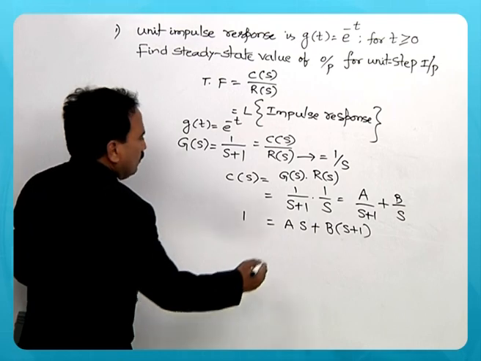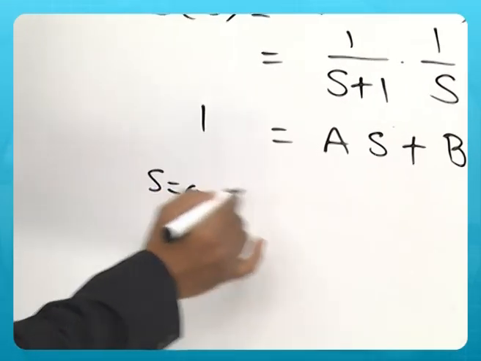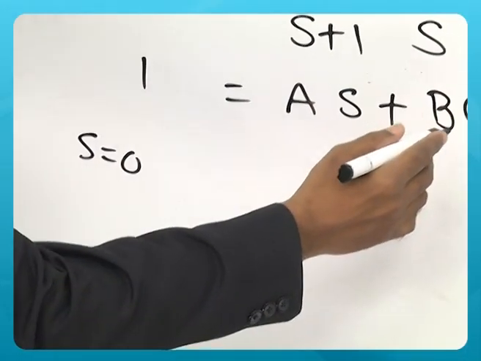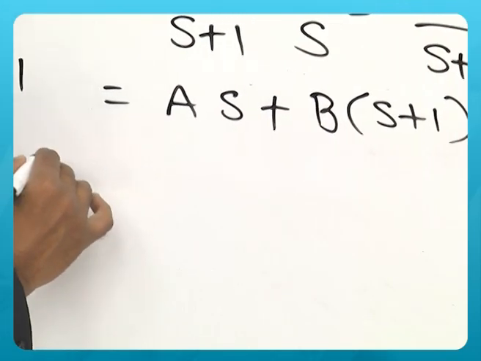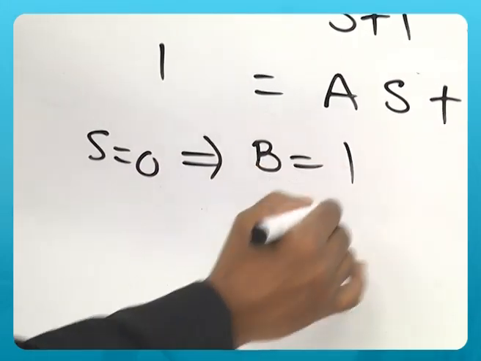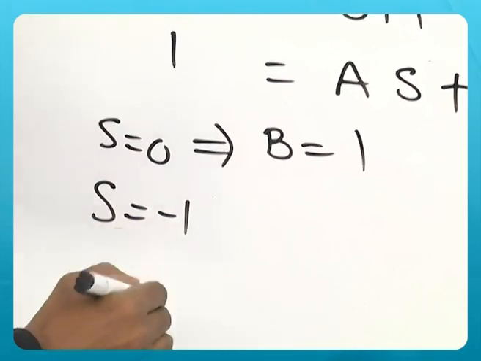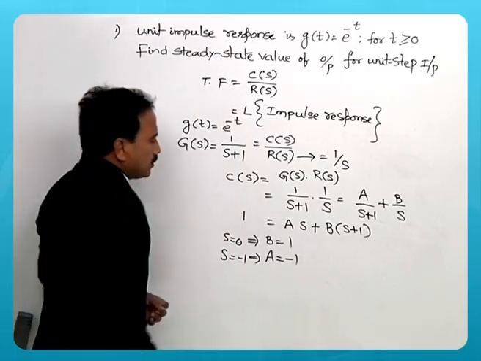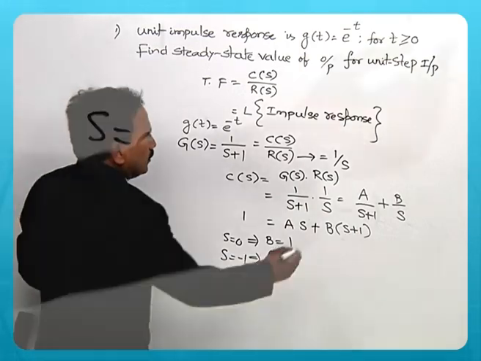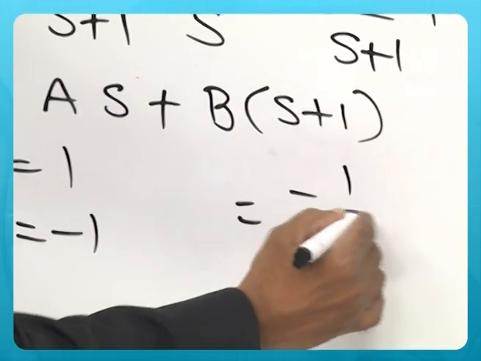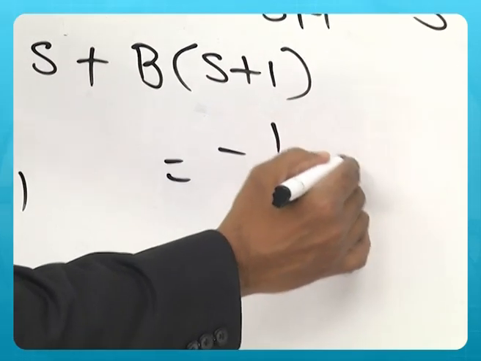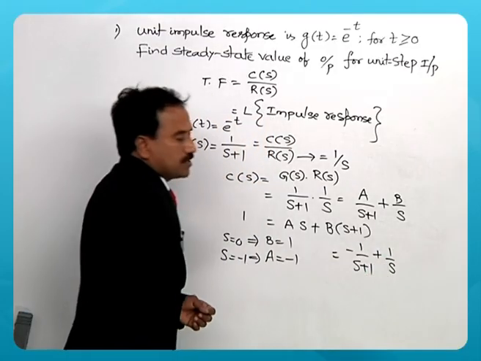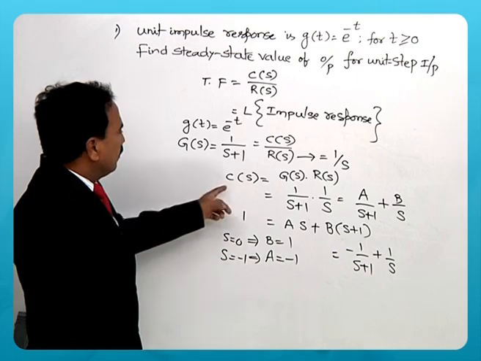So when s is equal to 0, you get b equal to 1, and when s is equal to minus 1, you get a equal to minus 1. So you can write this function as minus 1 by s plus 1 plus 1 by s. This is C of S.